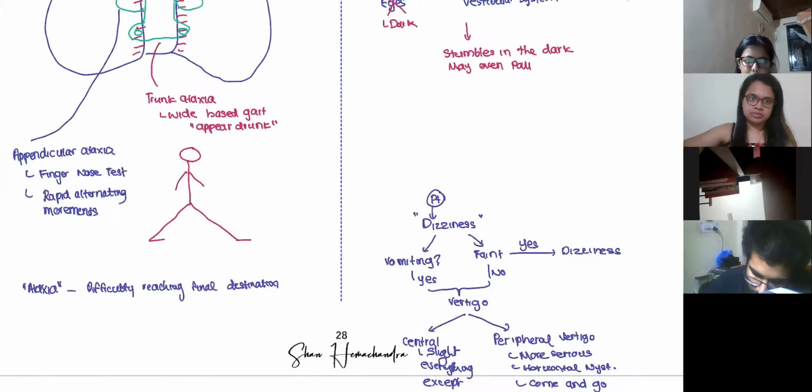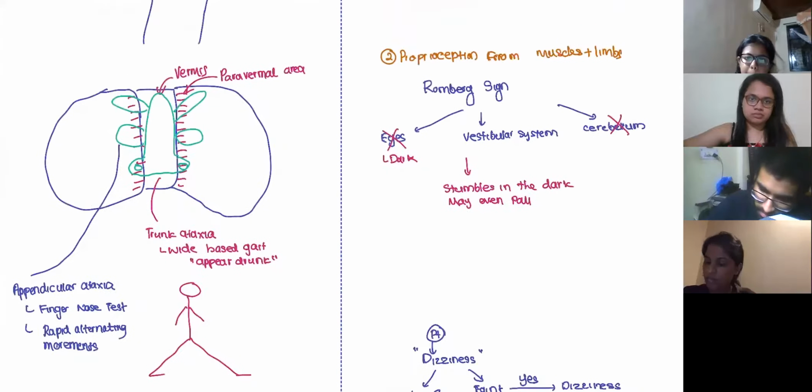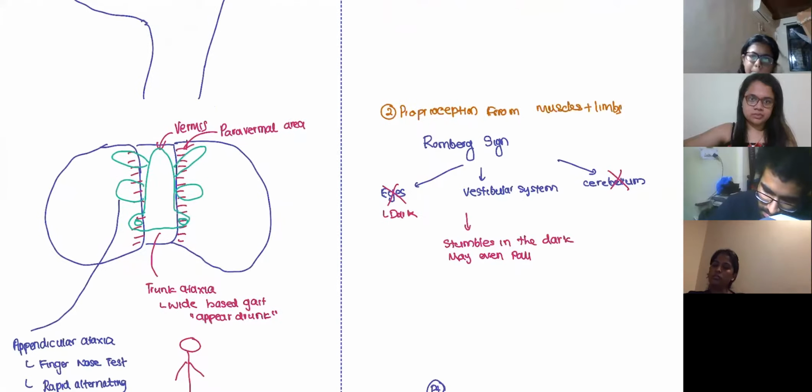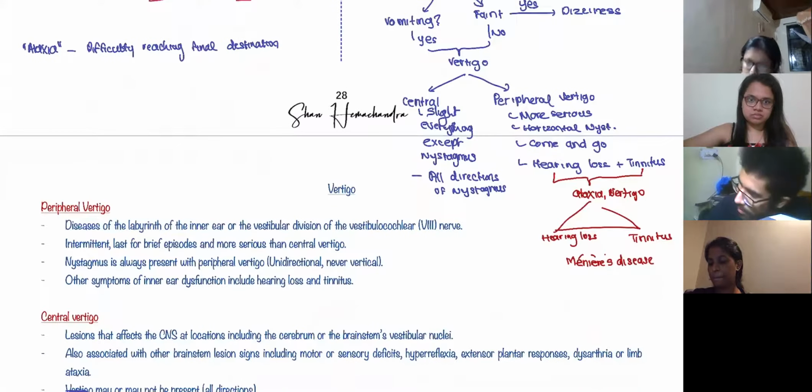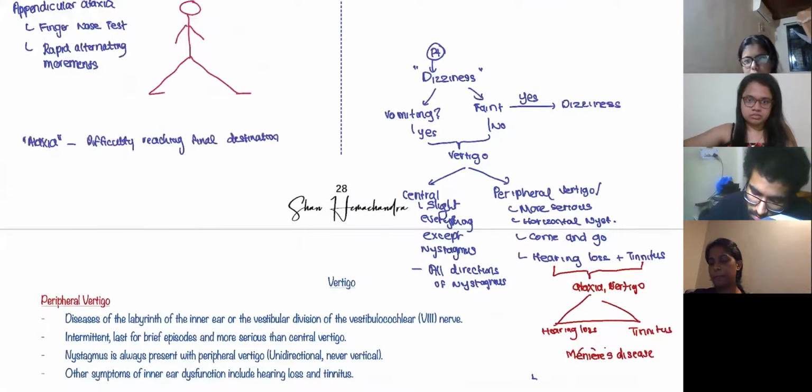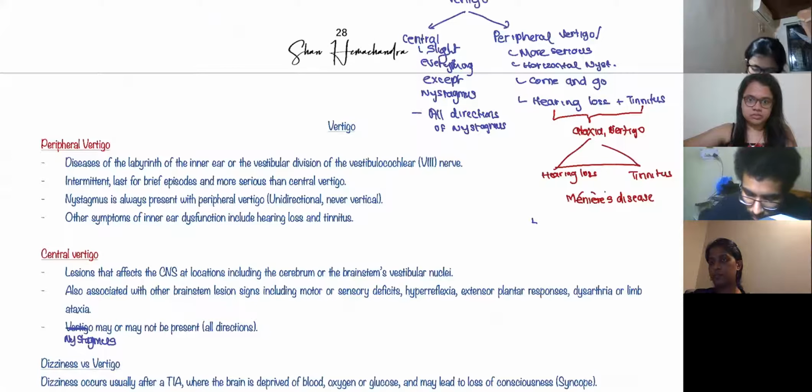Now, let me talk about how these patients present. For this peripheral vertigo, I will add this also. Ataxia. No, I can't add that there. Do you guys understand this?